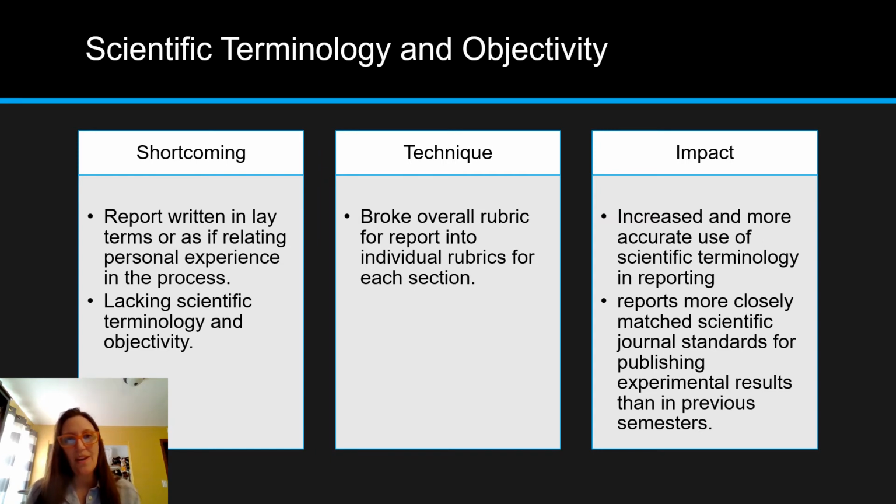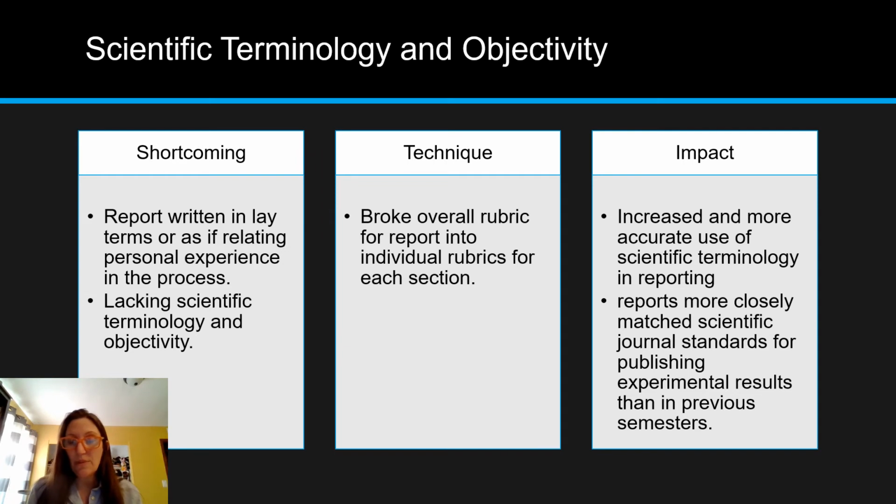And so, to help them report in more objective terms and make sure that they're using the scientific terminology, I took an overall rubric for the assignment. I broke it into smaller rubrics for each section.